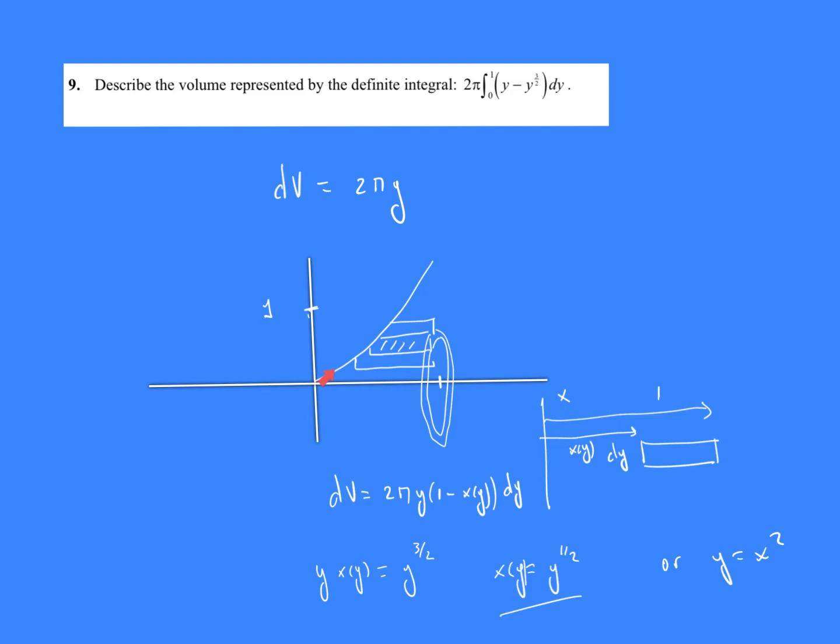What is the volume of this function? Consider horizontal doors, or horizontal areas. What is the area of one element of this area? It is dy times this length, x of y.